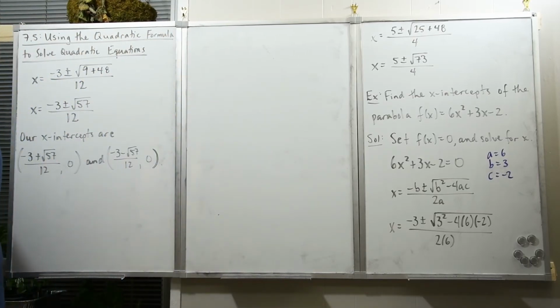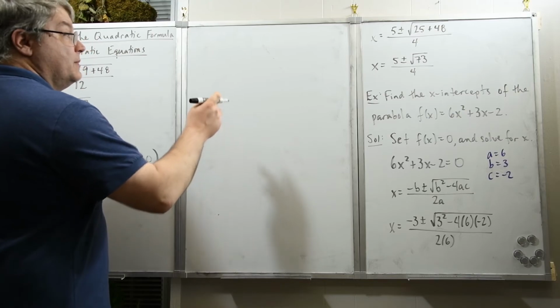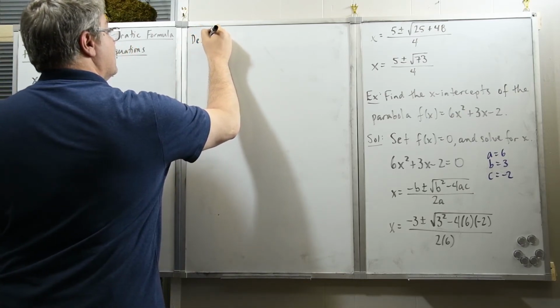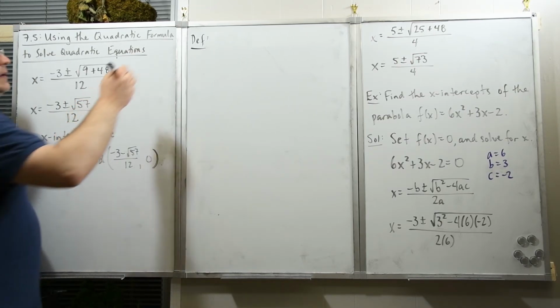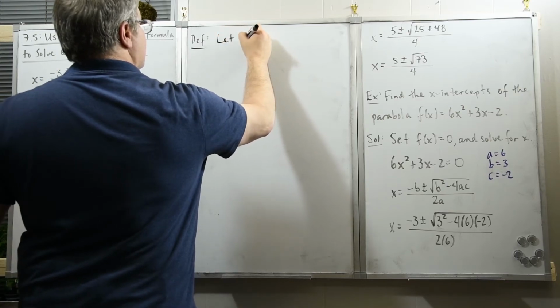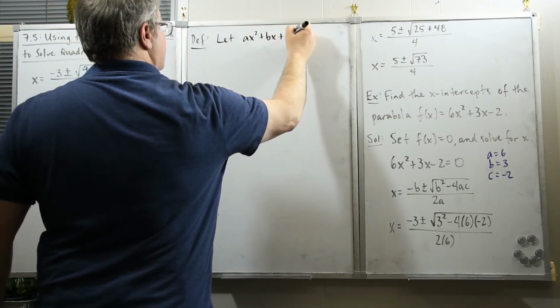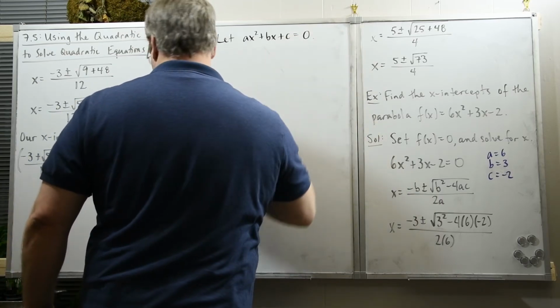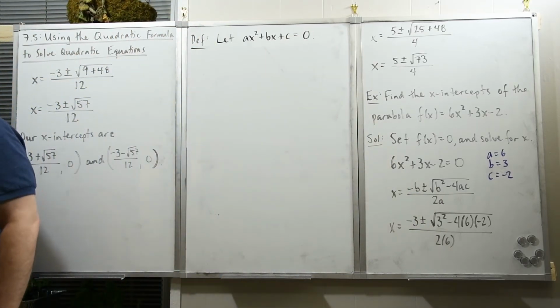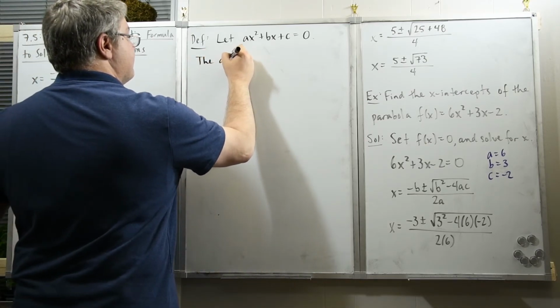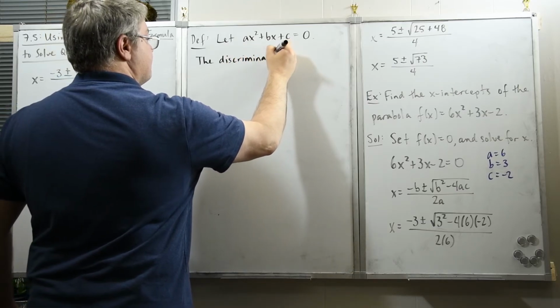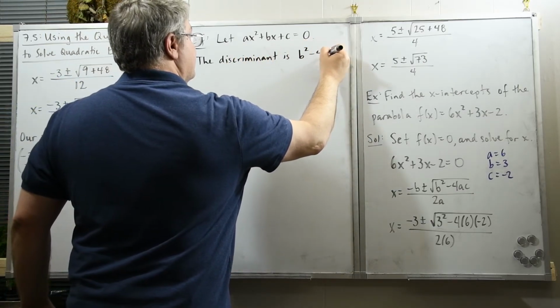And so this last part that we're going to be taking a look at involves what's called the discriminant. And so for this definition, for the quadratic equation, we have ax squared plus bx plus c equals 0. The discriminant is b squared minus 4ac.